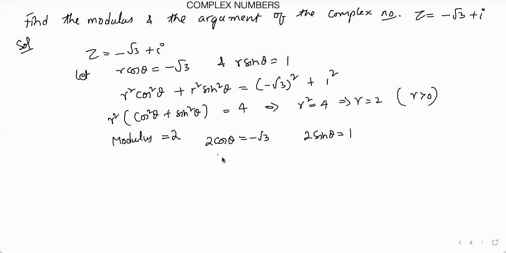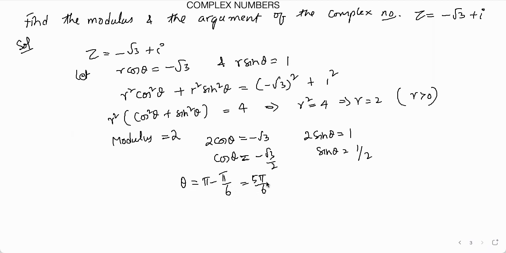Or cos theta is minus root 3 by 2, and sin theta is 1 by 2. Therefore theta will be pi minus pi by 6, which is 5 pi by 6.